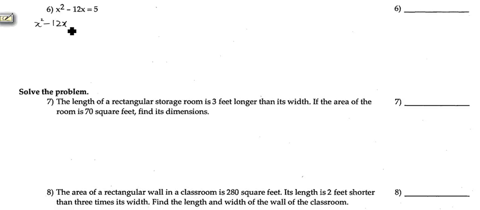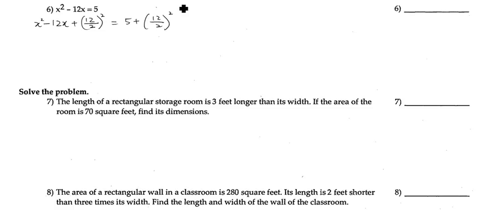The b would be half of the 12. Now it's important that you recognize it's half of the 12. Don't just write 6, because by the time you go home you will not know how we got that.